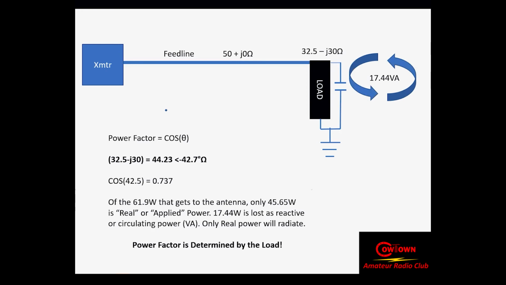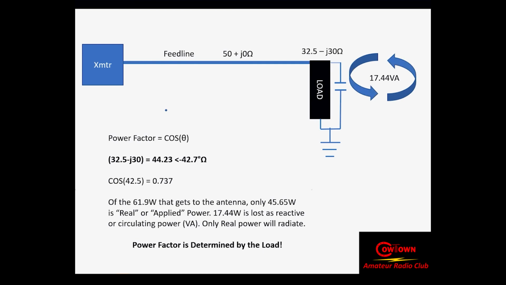So in this particular case, the power factor is the cosine of theta. That's that angle between the hypotenuse and the real portion of the right triangle. The cosine of 42.7 degrees is 0.737.